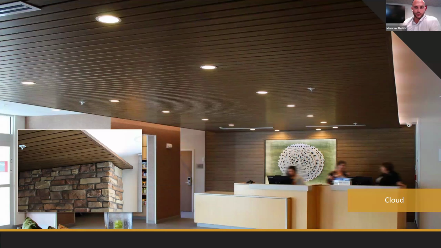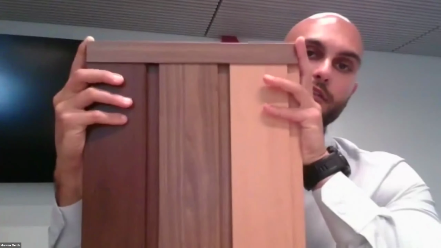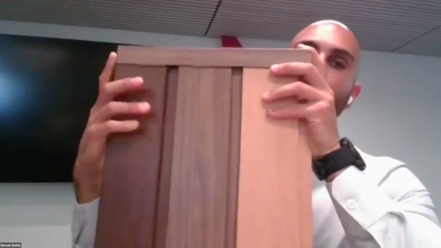This is just to show you again a transition from a ceiling to a wall on an interior application. This happens to be a Fairfield Inn and Suites, which is another one of our franchise accounts. This particular project utilizes a 4-inch trim that I'll show right now. We see this a lot more commonly in designs where you have a suspended ceiling application, where this is what it would look like from a bottom view looking up.